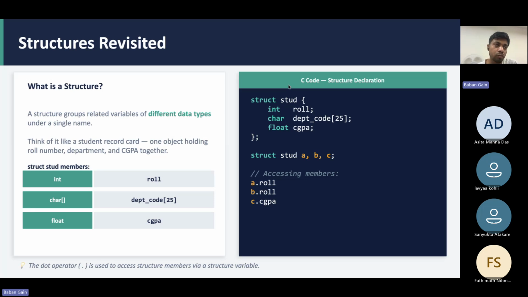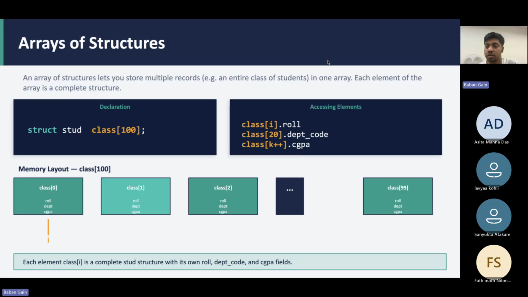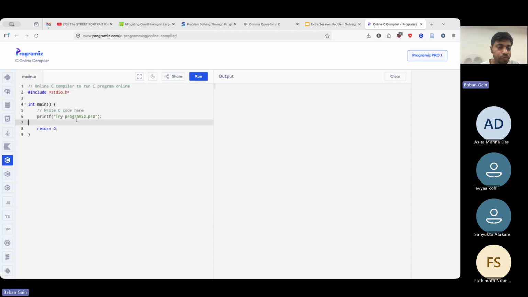Most of the things that we apply to integer arrays or character arrays are mostly applicable to a structure as well. So how to define a structure array? Let me go to the coding.